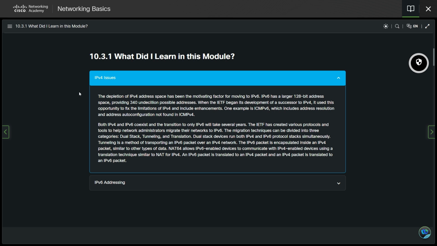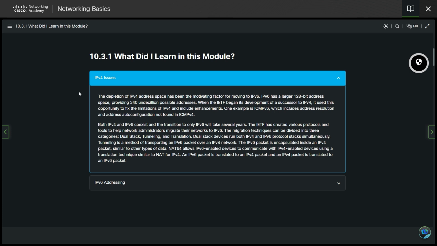Both IPv4 and IPv6 coexist, and the transition to only IPv6 will take several years. The IETF has created various protocols and tools to help network administrators migrate their networks to IPv6. The migration techniques can be divided into three categories: dual stack, tunneling, and translation.